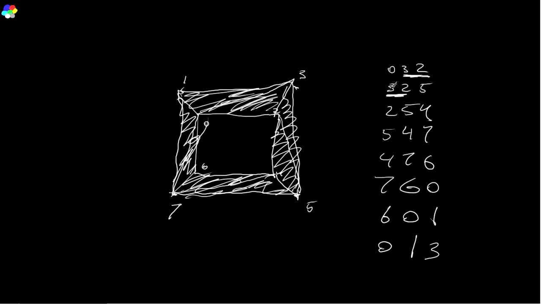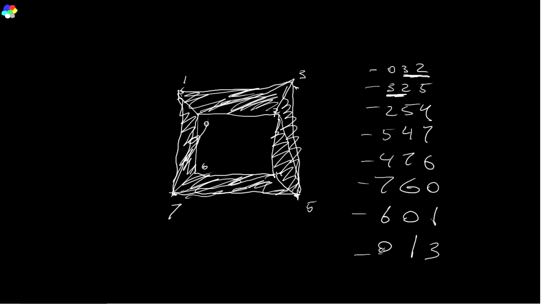So we got 3, 2, 2, 5, 5, 4, 4, 7, 7, 6, 6, 0, 0, 1, 1, 3. Instead of specifying this triangle mesh as a list of triangles, 3 vertices each, we can specify it in terms of a triangle strip.